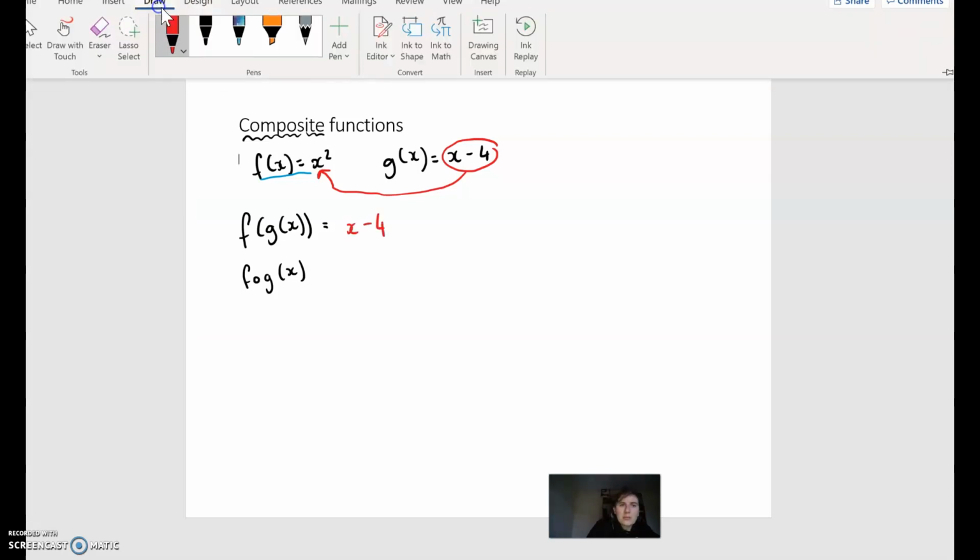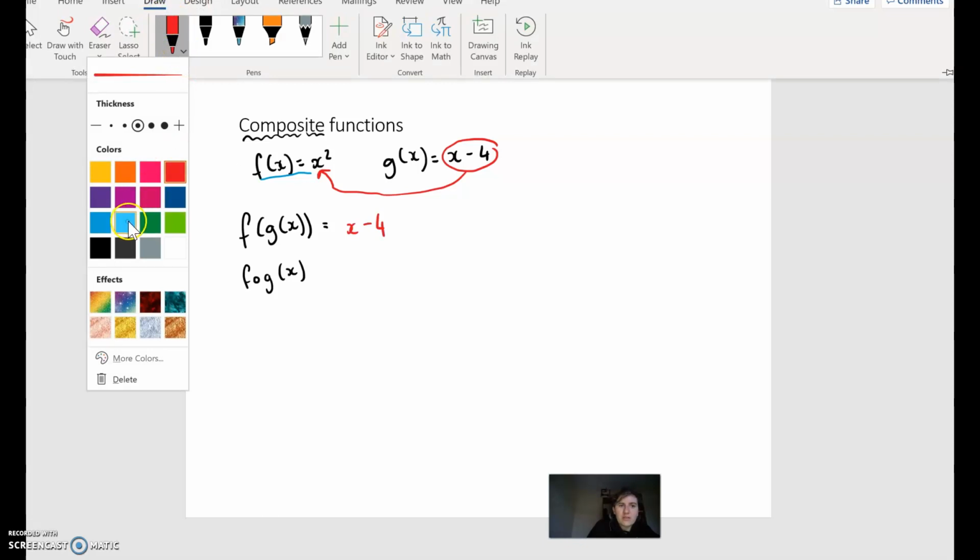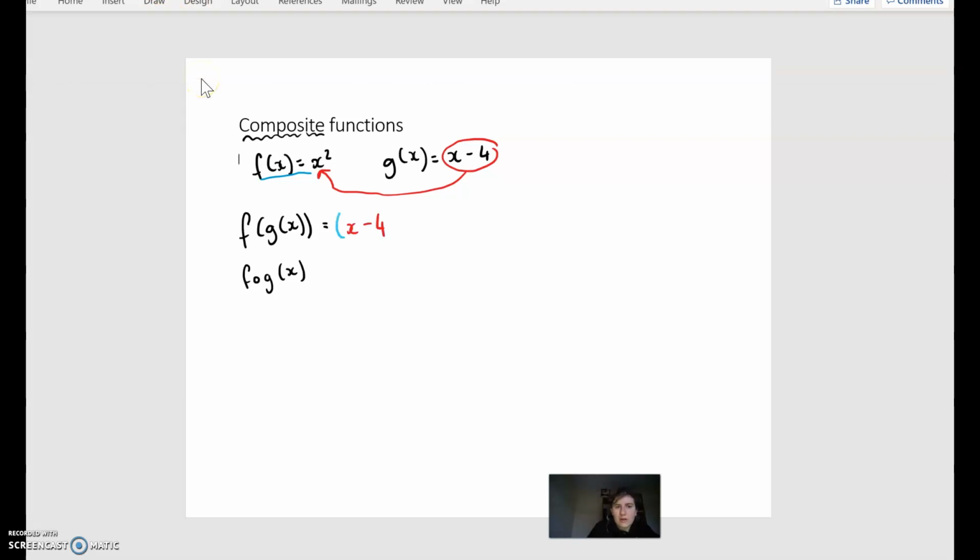Now the operation part of f of x is the squaring. So then you have the whole thing squared. You've taken the x minus 4, you've put it into x, and then you've squared it.